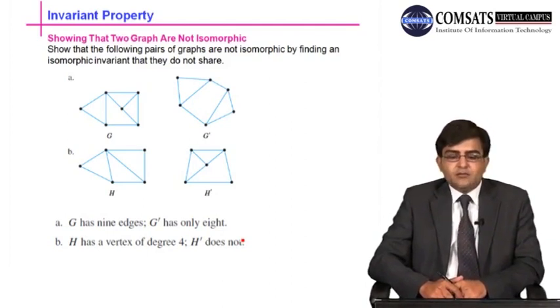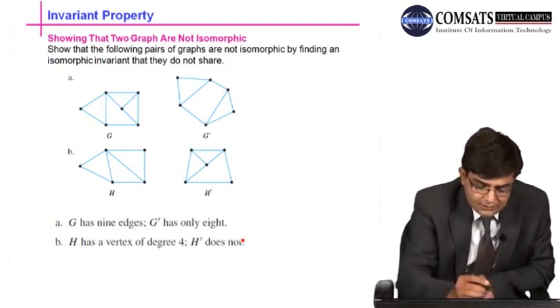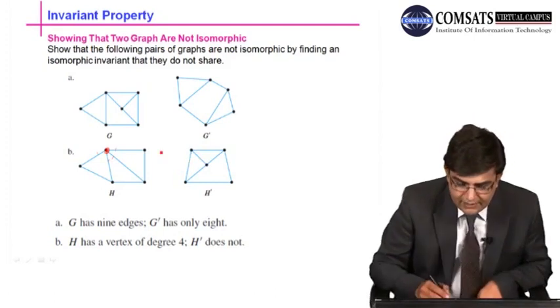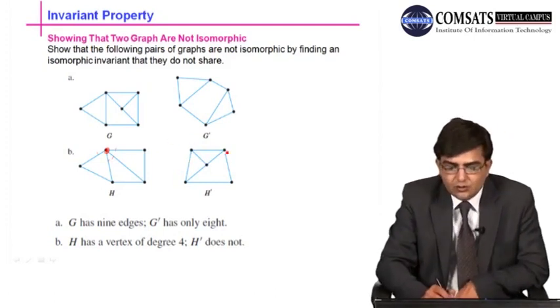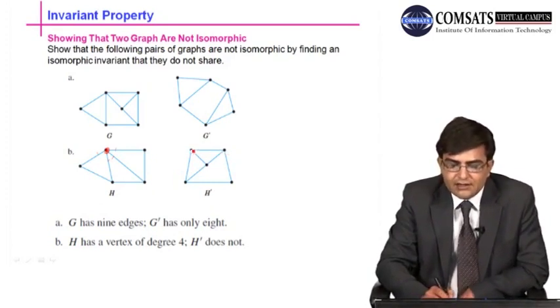In part B we have two graphs H and H dash. H has a vertex of degree 4: 1, 2, 3, 4. Whereas in the graph H dash we don't have any vertex whose degree is 4, because this vertex has degree 3, it has 3, it has 3, it has 3, it has 2.